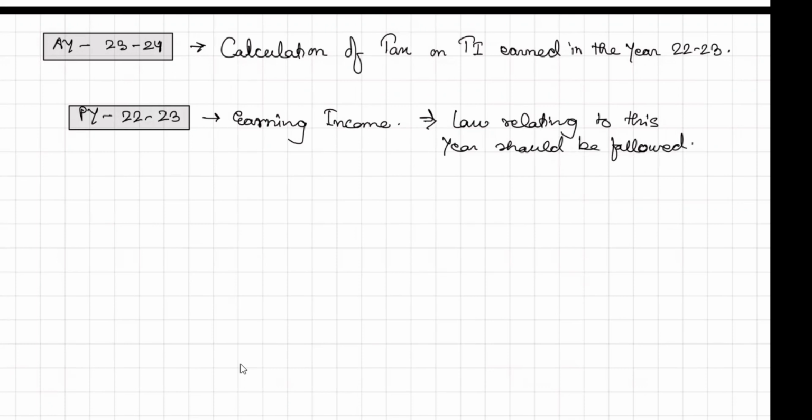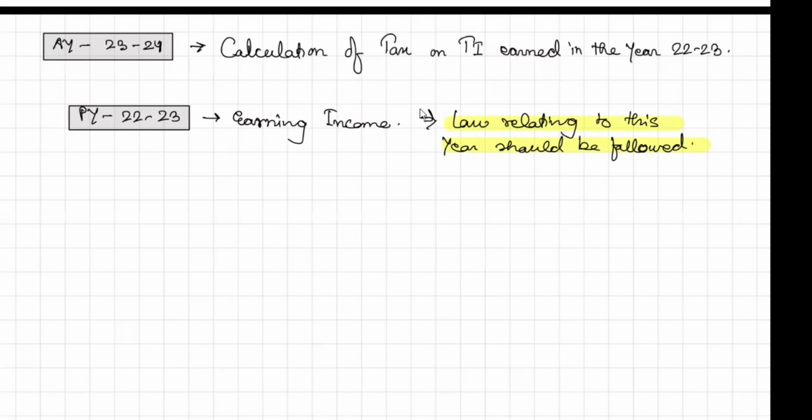Do you agree with this, or have you not yet got this? Like if I'm saying every time that we'll be calculating tax on the income of 22 and 23, don't you think the law which was made for the year 22 and 23 should be applied for calculation of the tax?